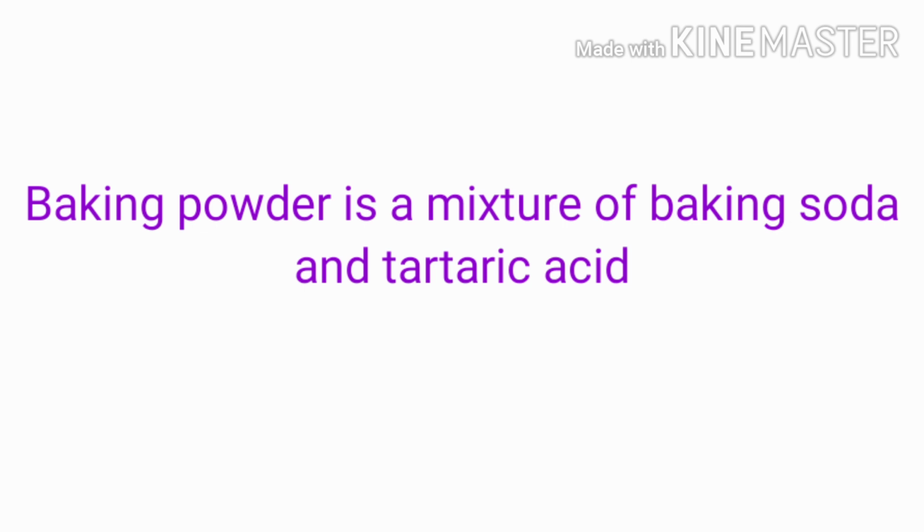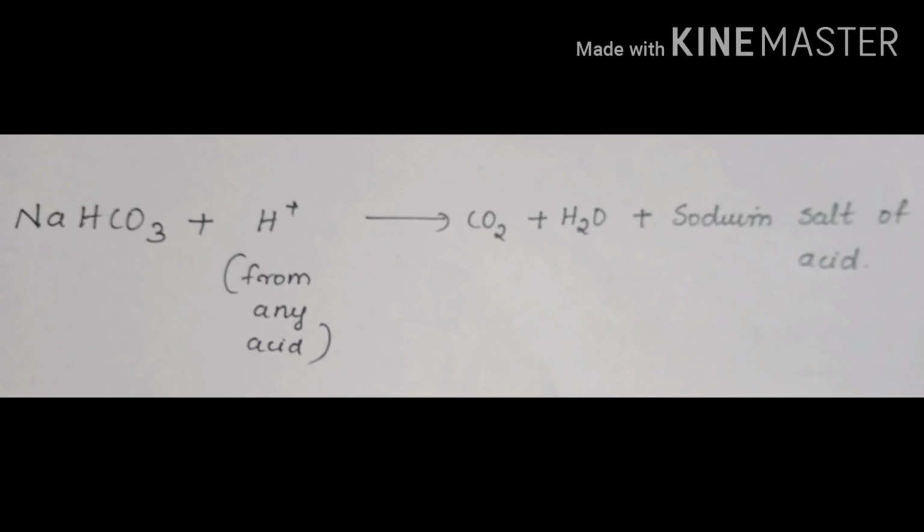The first one is that it is used for making baking powder. Baking powder is a mixture of baking soda, that is sodium hydrogen carbonate, and a mild edible acid such as tartaric acid. Baking powder on heating or mixed in water produces carbon dioxide gas.